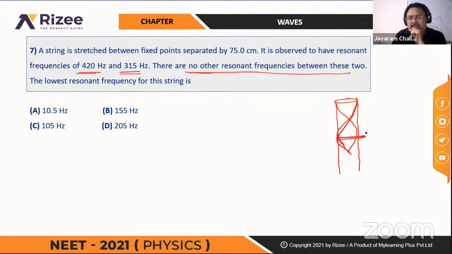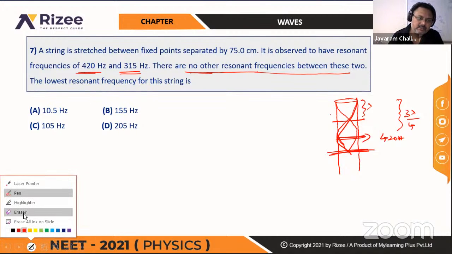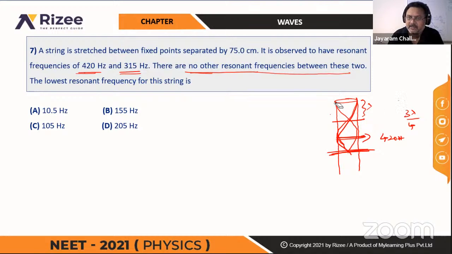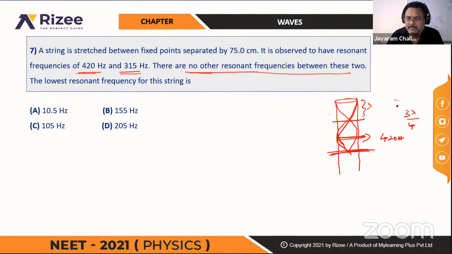At this particular instant, he is getting a frequency of 420 hertz. This distance is 3 lambda by 4, and this other distance is lambda by 4.